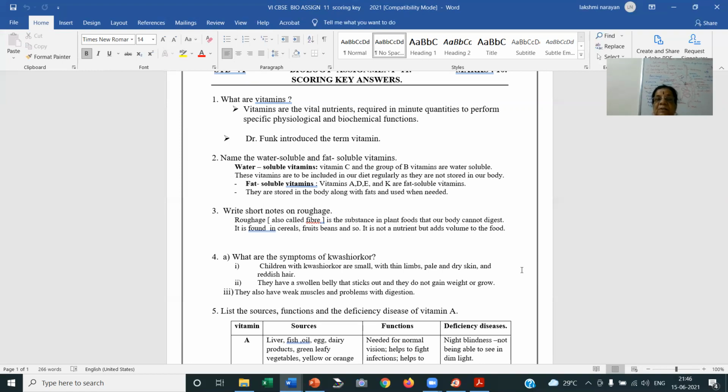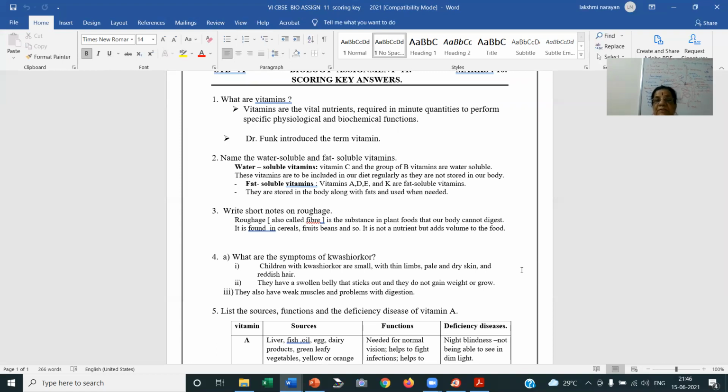These water soluble vitamins are to be included in our diet regularly as they are not stored in our body. Water soluble vitamins are easily soluble in water.